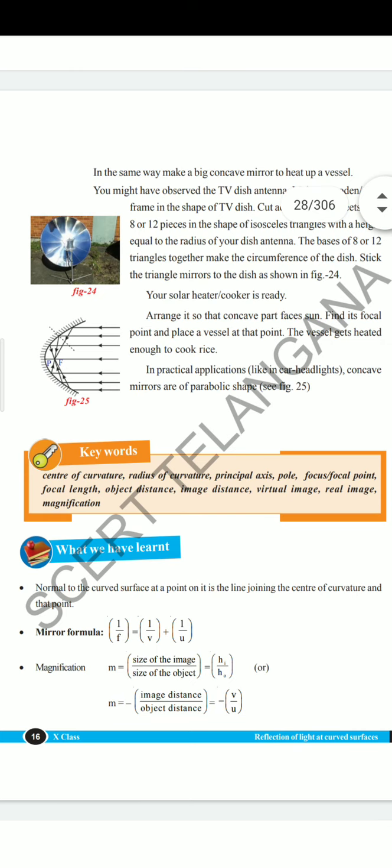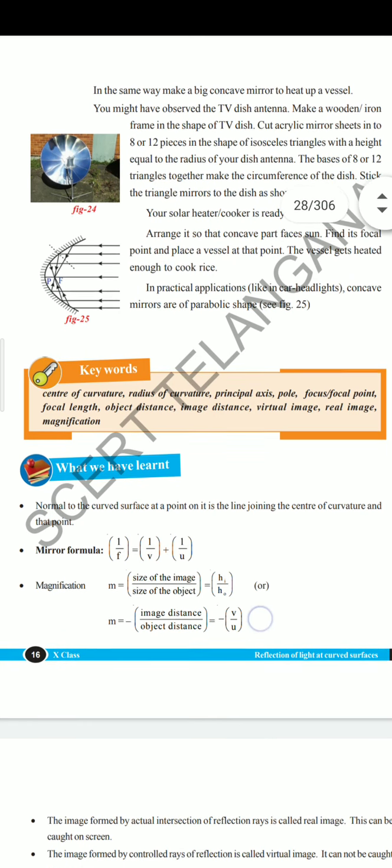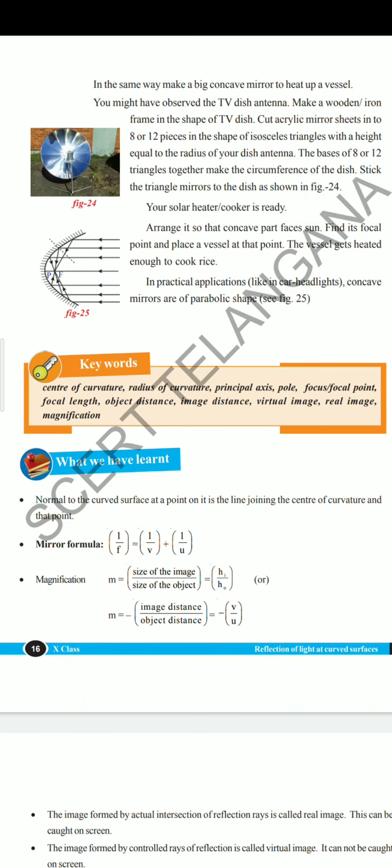Keywords: center of curvature, radius of curvature, principal axis, pole, focus or focal point, focal length, object distance, image distance, virtual image, real image, magnification. What we have learnt: the normal to the curved surface at a point on it is the line joining the center of curvature and that point.